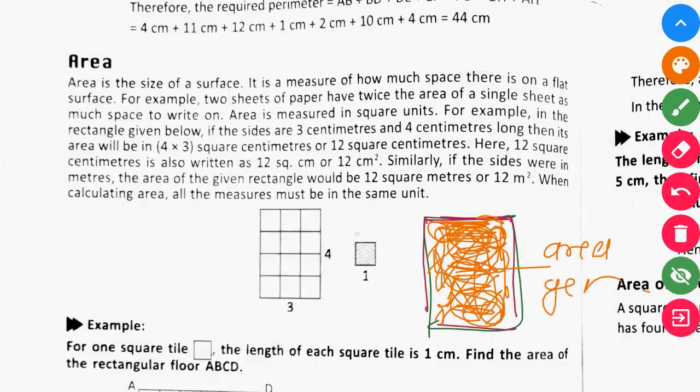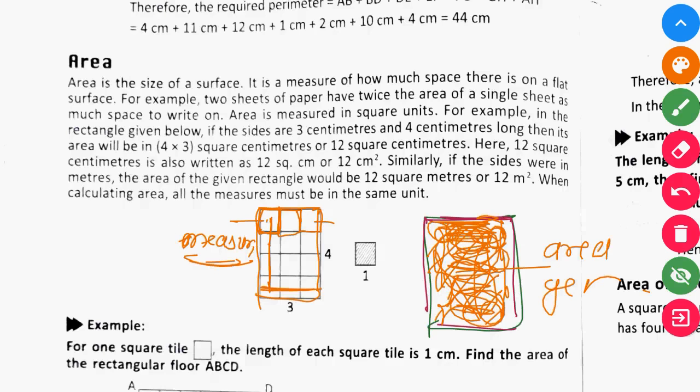And there are formulas to calculate this area of the geometrical shape. Now see, one example is given here in this figure. This figure is divided into equal squares. Okay, equal length squares. So how many equal squares are here? These square units are all of equal measurement. So you have to count vertically and horizontally.